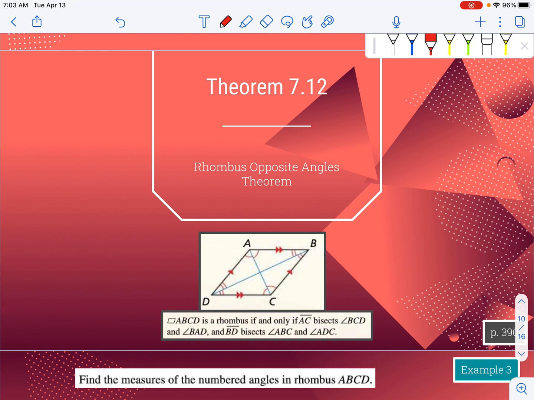Theorem 7.12, rhombus opposite angles theorem. Parallelogram ABCD is a rhombus if and only if AC bisects angle BCD. So these diagonals not only are perpendicular to each other, but also bisect each of these angles.